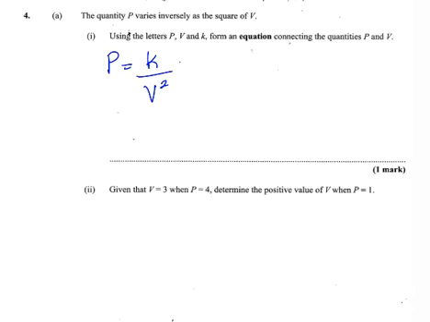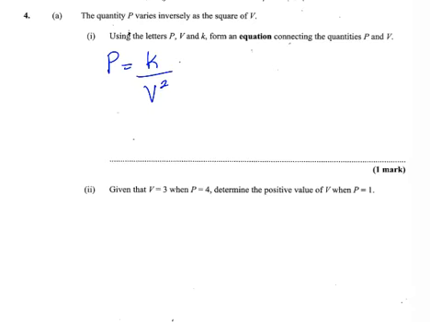Next, we're told, given that V is equal to 3 and P is equal to 4, determine the positive value of V when P is 1. Alright, so V is 3 when P is 4.